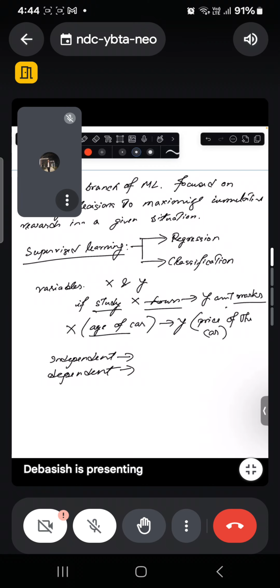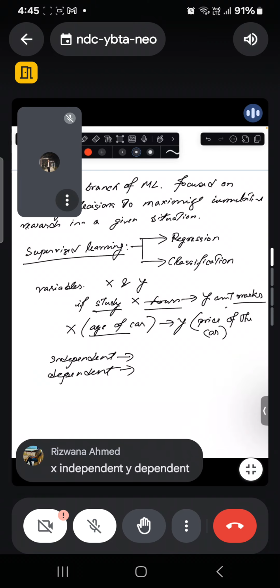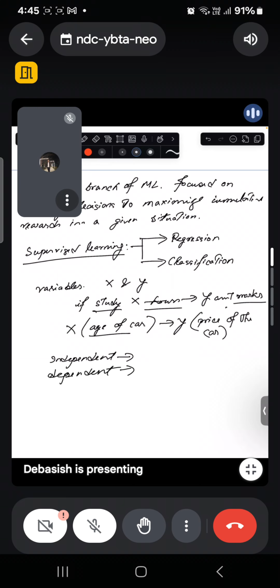Sir, x is independent and y is dependent. Okay, how many hours you study is independent, and how many marks you get depends upon how many hours you study.